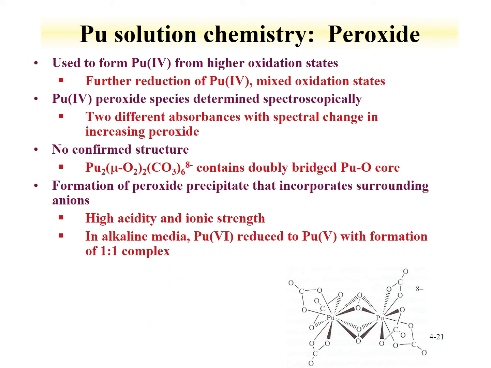The peroxides, as was mentioned earlier for uranium and also earlier in this lecture on plutonium chemistry, form interesting compounds as shown here. The peroxide can also be used to change redox state, for instance, oxidizing from the 4 to the 6.